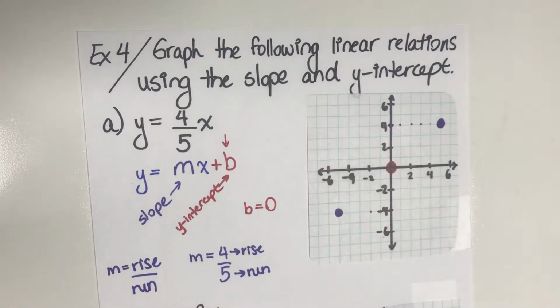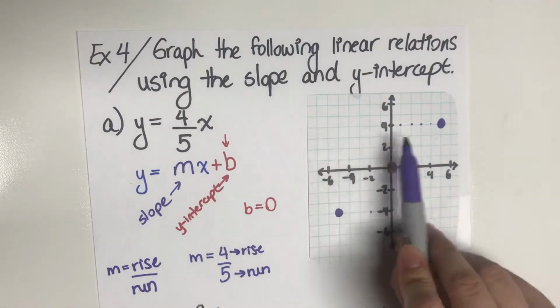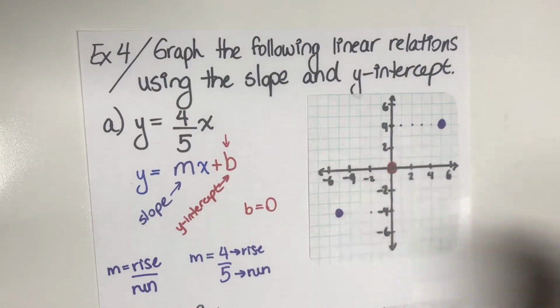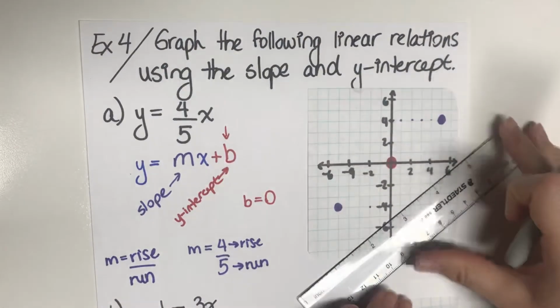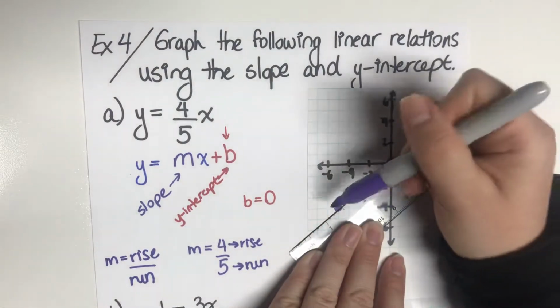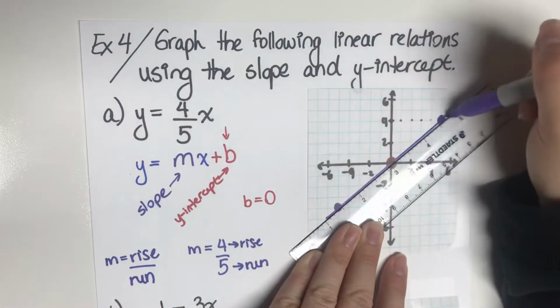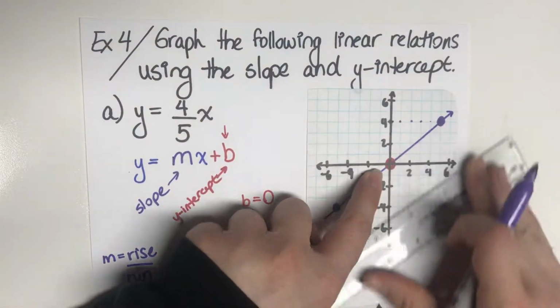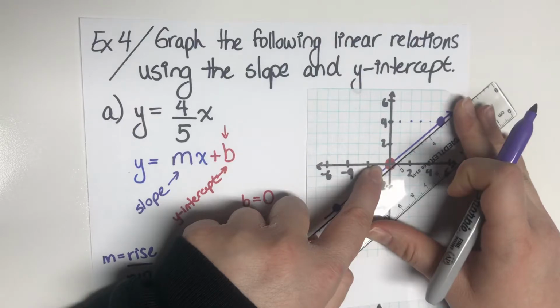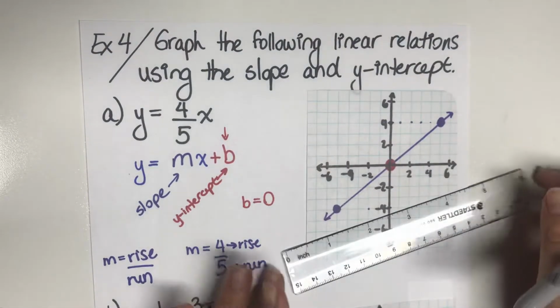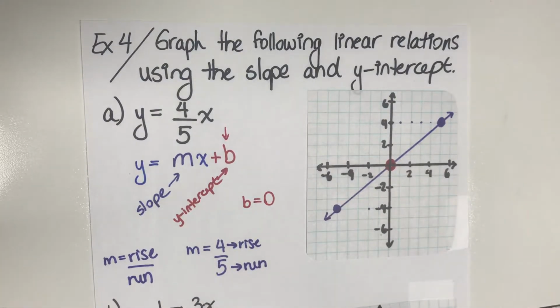So if your slope is positive, you can go up right, or you can go down left because they're both opposite, so it's still going to give me a positive slope. So I'm going to connect these dots, but really, even if I just had these two, I could have connected the dots. That would have been enough for my line. And I'm going to put arrows on both sides. I used a ruler and arrows on both sides.